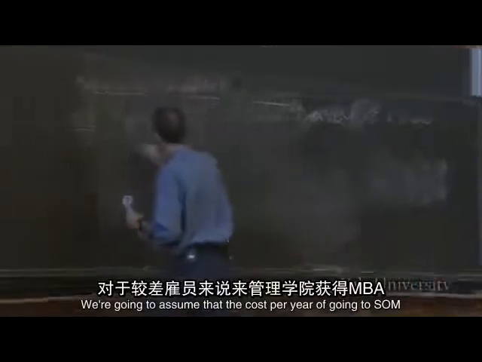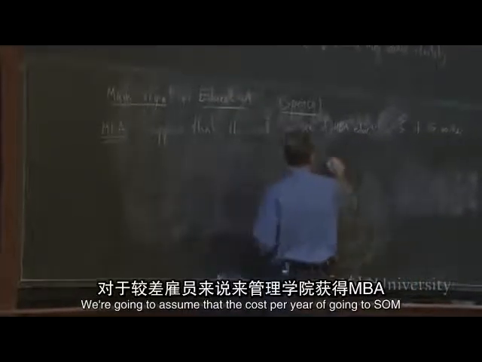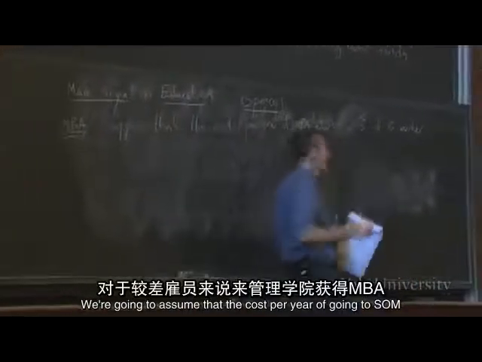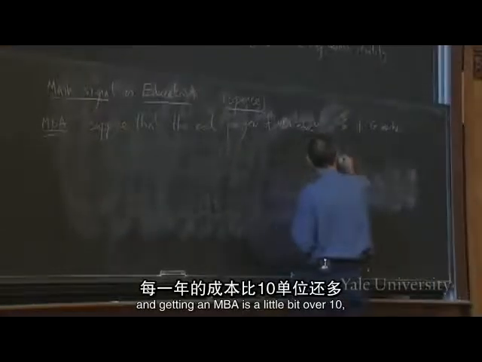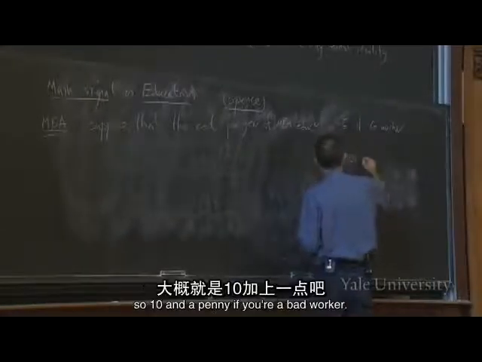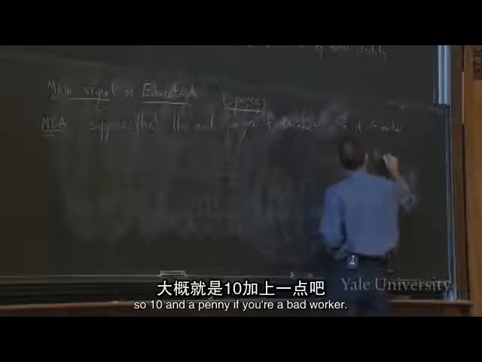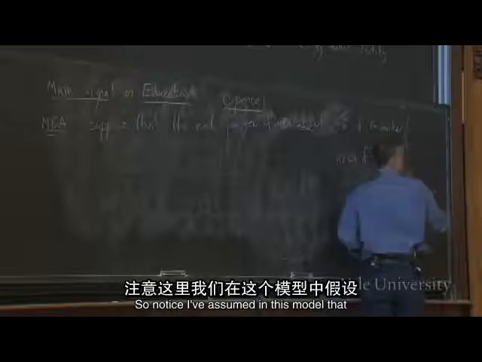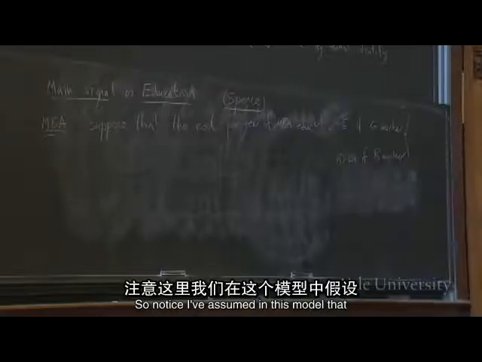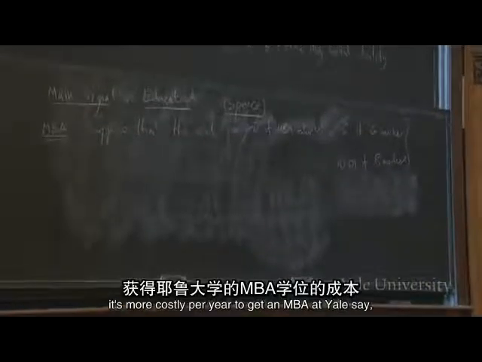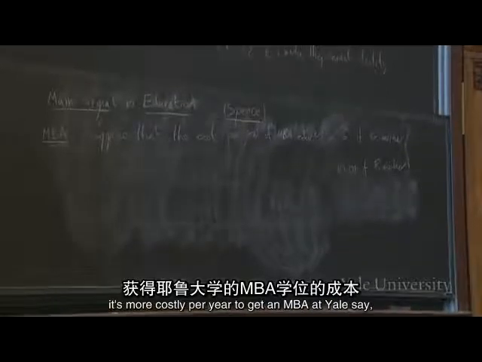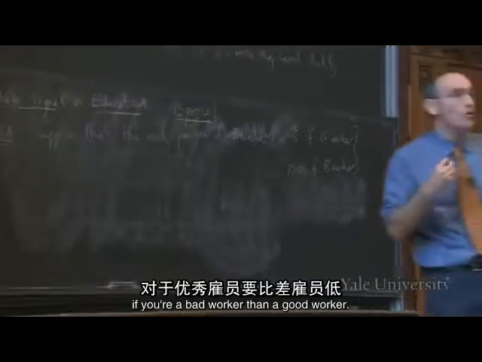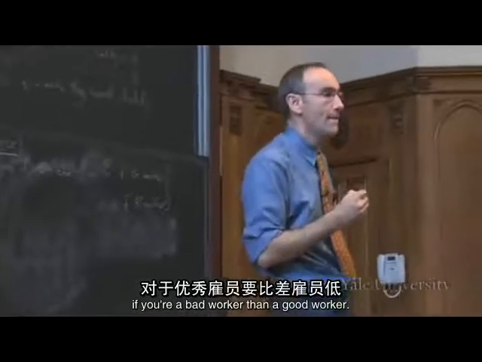And we're going to assume that the cost per year of going to SOM and getting an MBA is a little bit over 10, so 10 and a penny, if you're a bad worker. So notice I've assumed in this model that it's more costly per year to get an MBA at Yale, say, if you're a bad worker than a good worker.